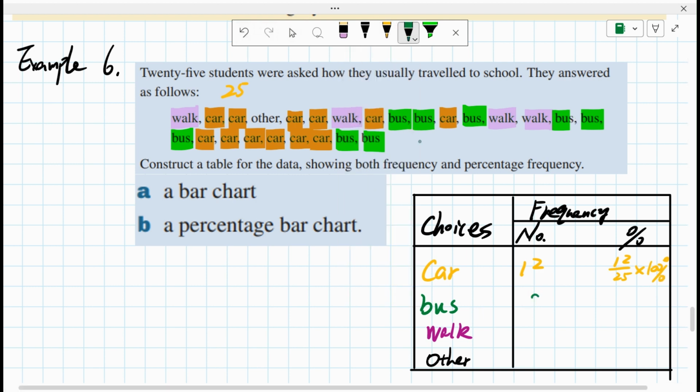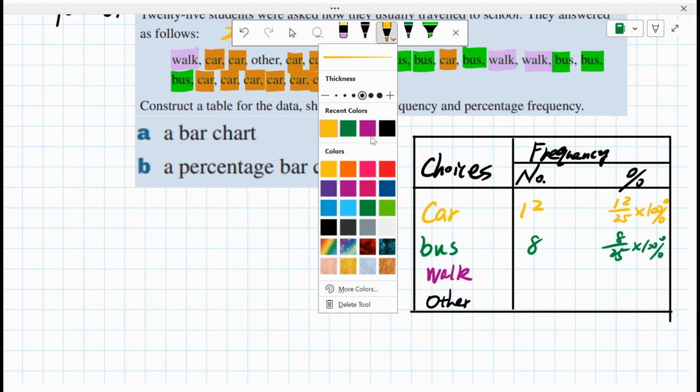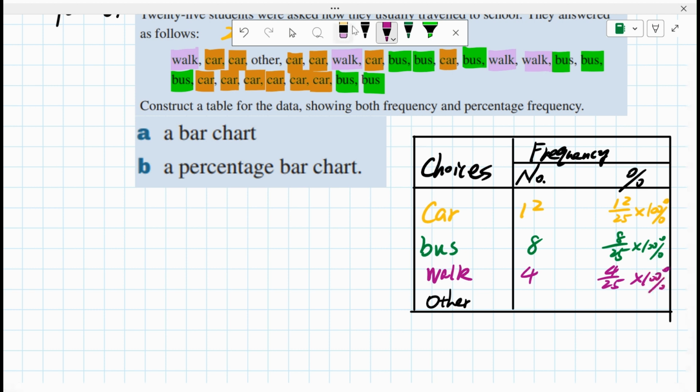We're using green. So 8 over 25 times 100. How many walks? 4 walks. So there's a 4. 4 over 25, sorry, multiply by 100. And others is 1.